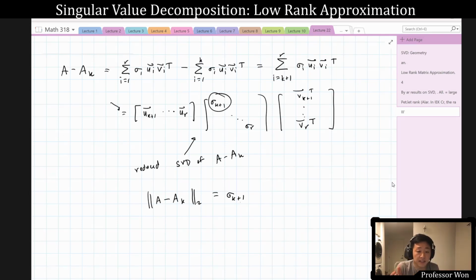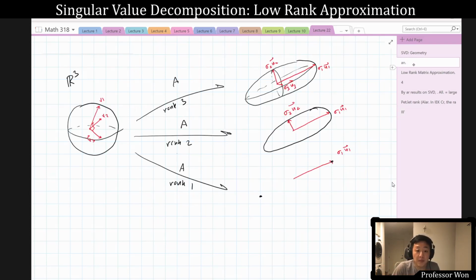And you can kind of understand this geometrically, because what these rank k approximations are doing is they're not doing the full matrix A, which means that they're not doing this full picture, but they're kind of doing the bottom part of the picture. In other words, the rank 1 approximation only cares about the first singular value and the first singular vectors.